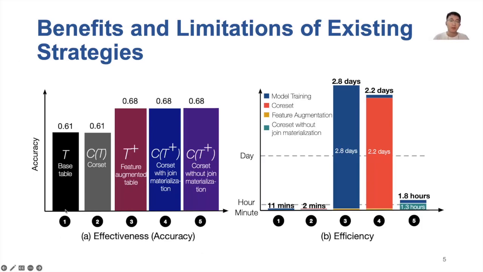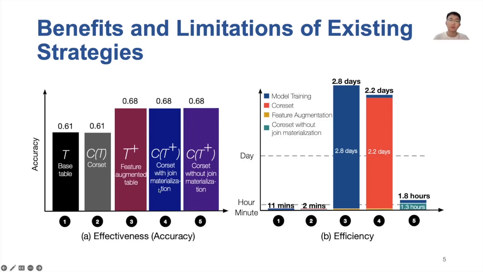Secondly, if we first compute the coreset of the base table, and then train a machine learning model using the computed coreset, we can also achieve a similar accuracy, but use 2 minutes in total for selecting the coreset and training with the coreset. This shows that using coreset can significantly reduce the training time without sacrificing the accuracy.